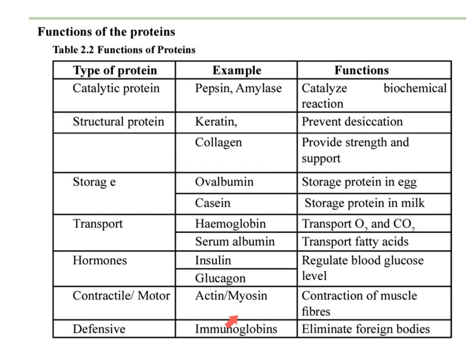The example is immunoglobulins. Their function is to eliminate foreign bodies. When we learn about immunology, we will learn the detailed function of these immunoglobulins. Basically, these immunoglobulins can detect the foreign body. They act like a signaling system inside our body.